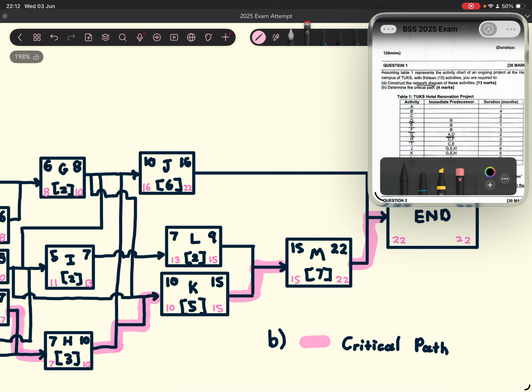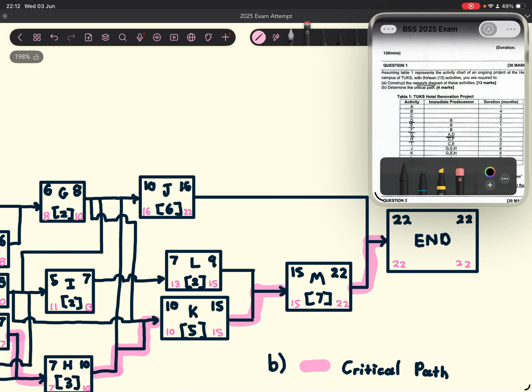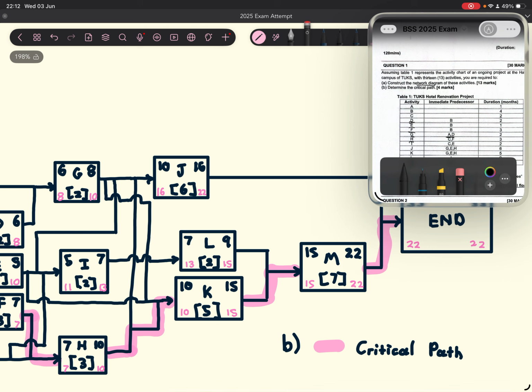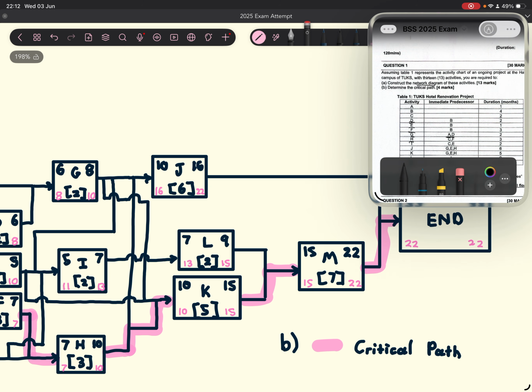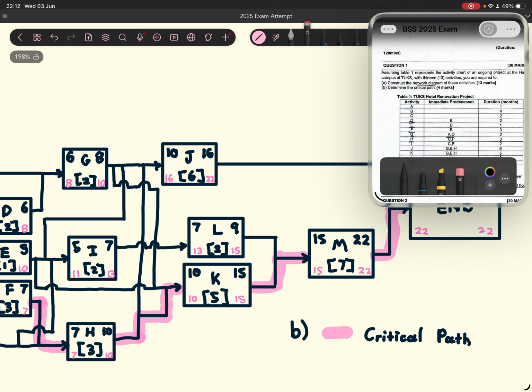And then let's follow this path over here. So for M, our duration is 7, so 22 minus 7, 15. And then we're going to take this 15 and put it there and there. So then for K, it's going to be 15 minus 5, 10.